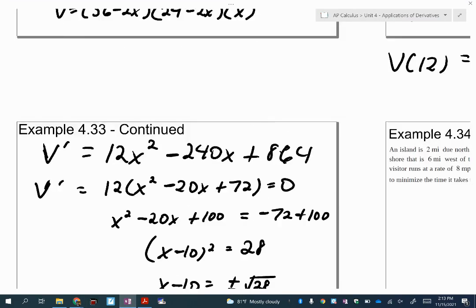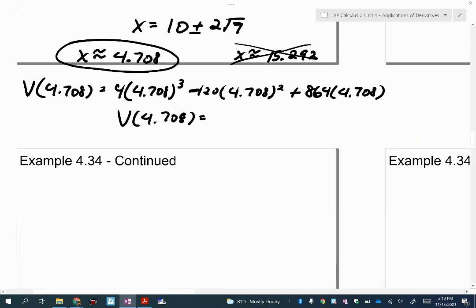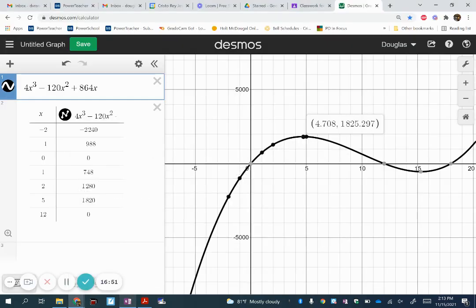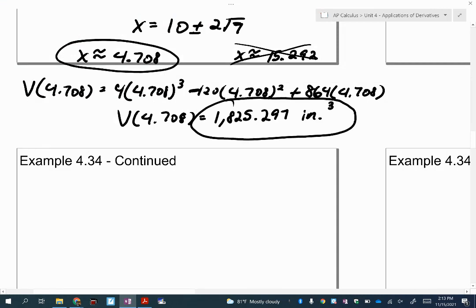Is this in feet? I'm not sure. Inches, cubic inches, my bad. So it's going to be 1,825.297 cubic inches. So this is my maximum volume using that side length. Okay, so that's it for this one.